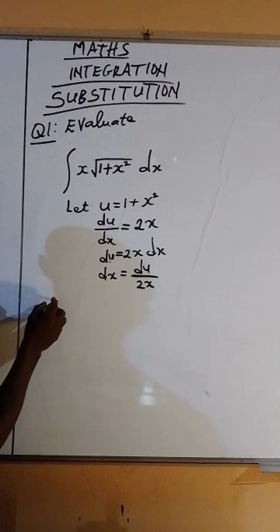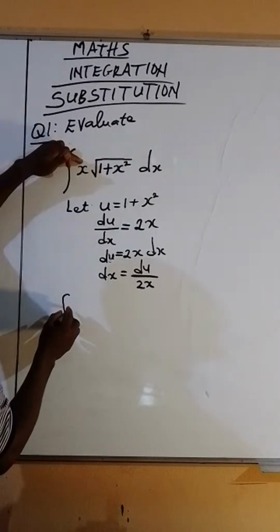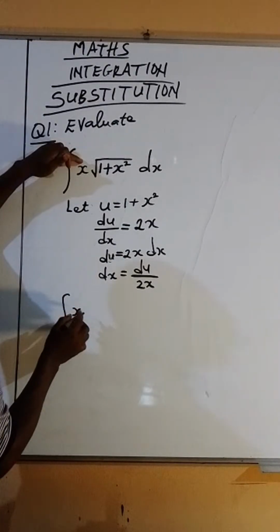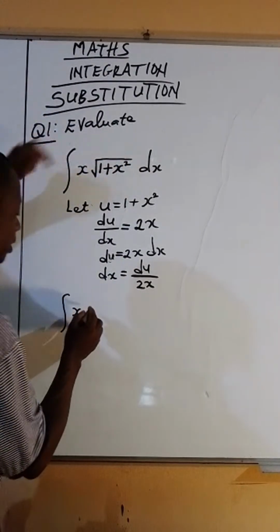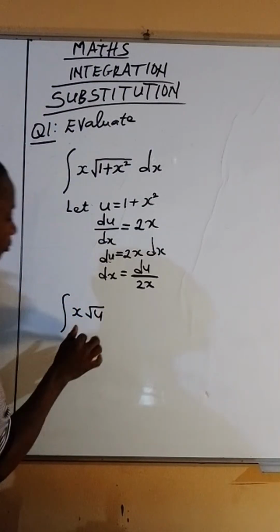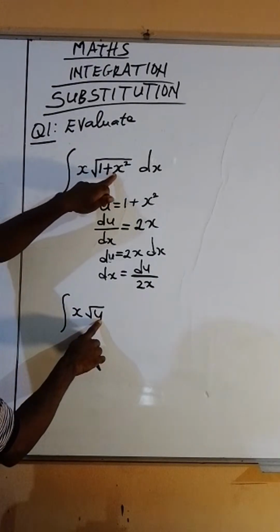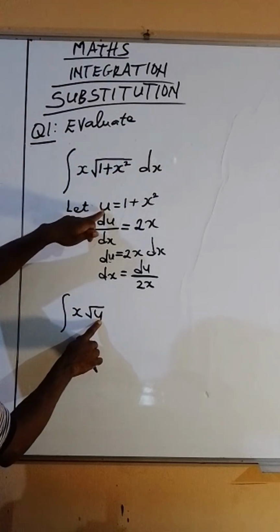We are now going to write that integral x here, and then here we have root u. This is going to be root u because 1 plus x squared is equal to u.